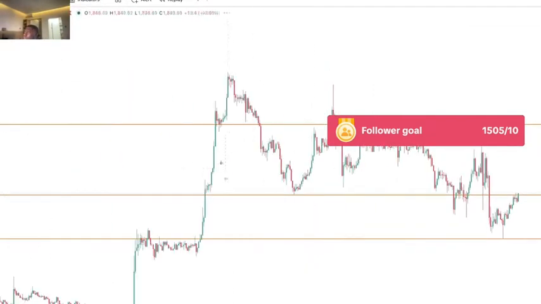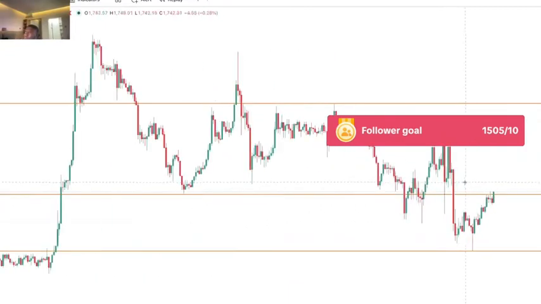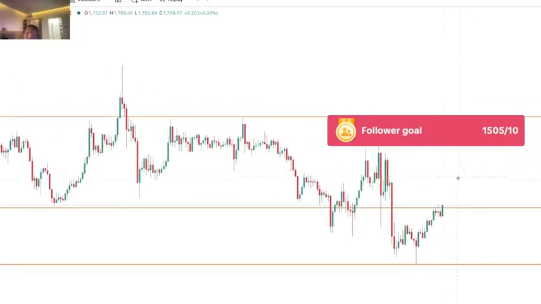Okay, looking at 15 minutes, we are already making lower low on Ethereum 15 minutes. But right now we need to check our area of concentration.